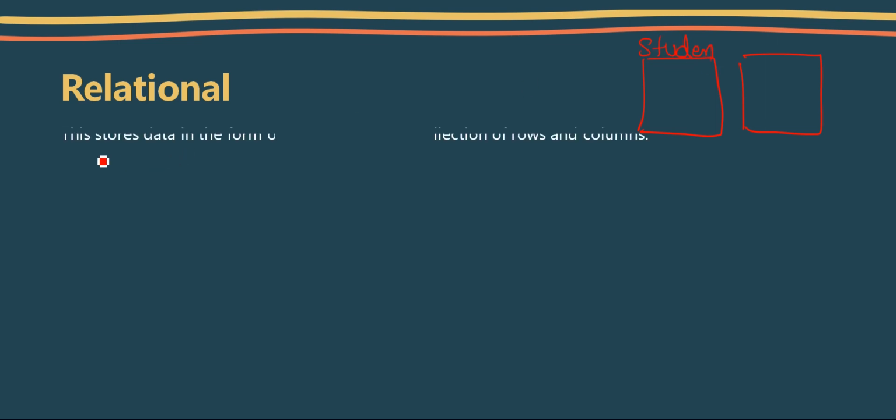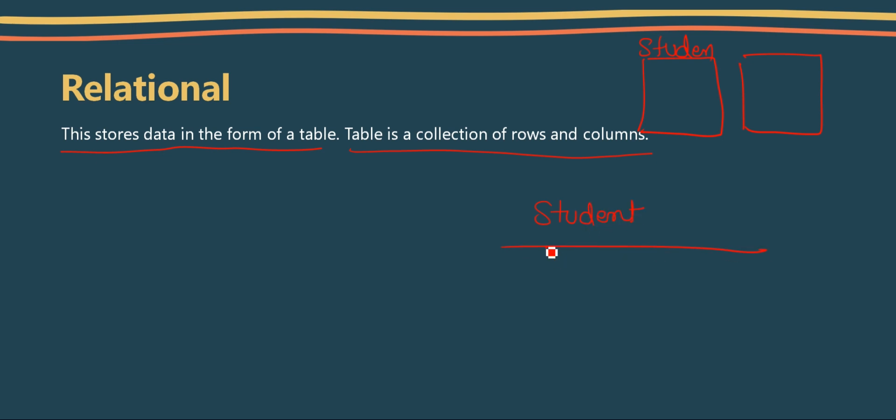Now the most popular one, relational model. In this model we are going to store our data in the form of table. If I want to store student data, I will create a student table, right? So this stores data in the form of table. Table is a collection of rows and columns, and we already have discussed that suppose I want to store the student information, then I am going to create different columns.